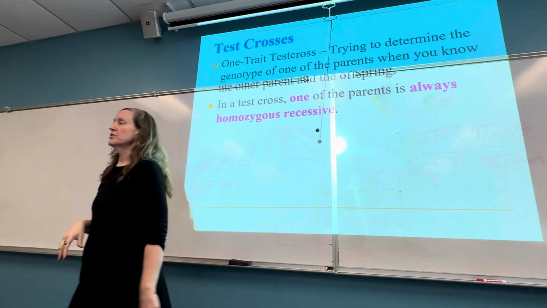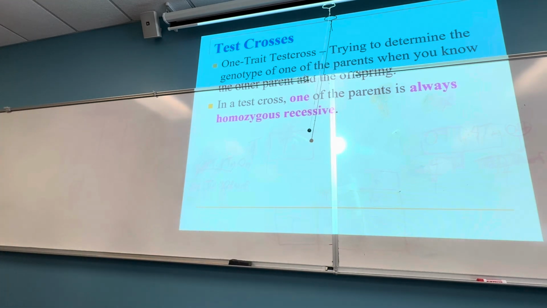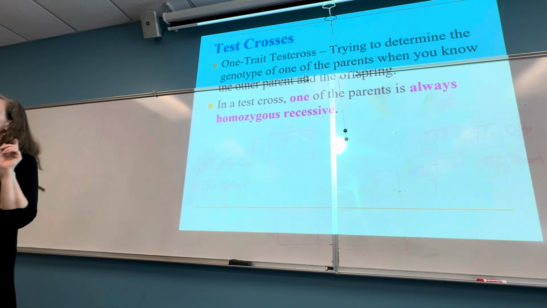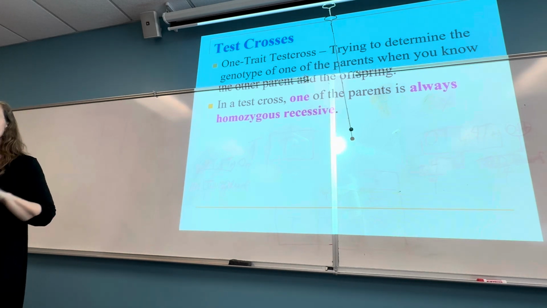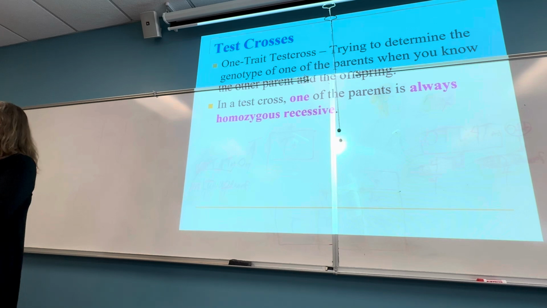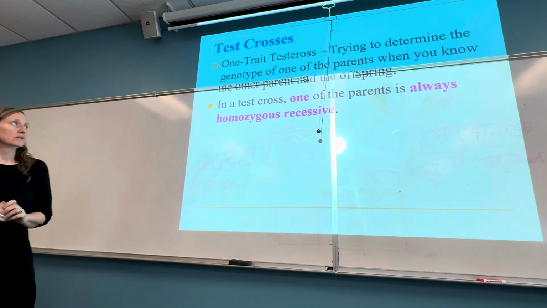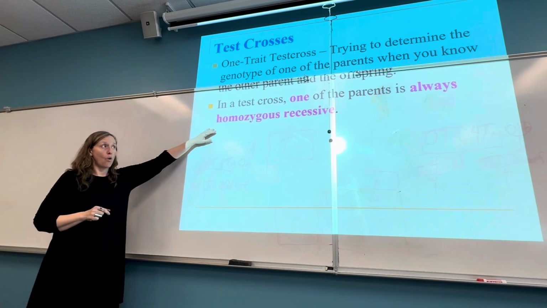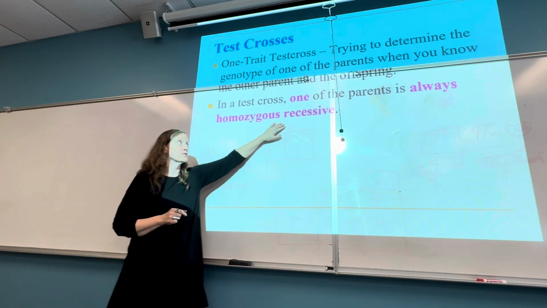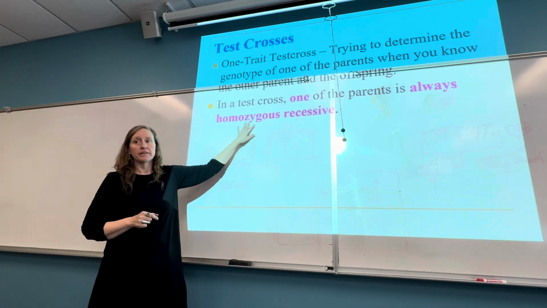With a test cross, you get words. You don't get the actual alleles. It just tells you this parent is homozygous dominant, this parent is heterozygous, but you don't get the actual genotypes of the parents. Test crosses work when one of the 2 parents is always going to be homozygous recessive. Then this will work out.